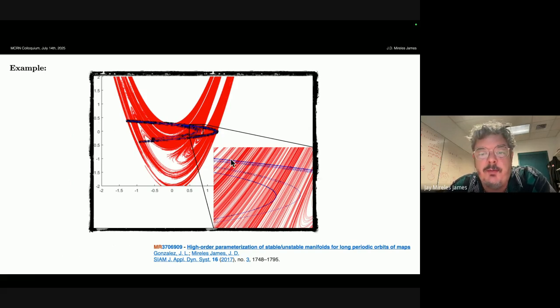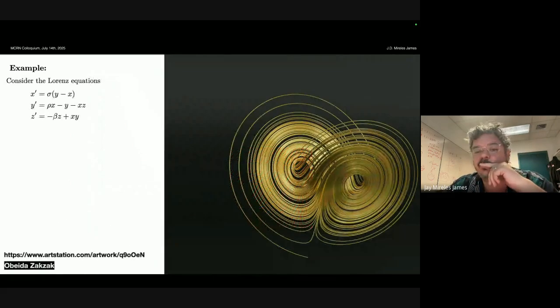So the unstable manifold is always stretching along the attractor. The stable manifolds are always bringing you into the attractor. And this is a classic, but a pretty rich picture of what's happening near the attractor. Again, just by parameterizing these local manifolds for a bunch of periodic orbits.